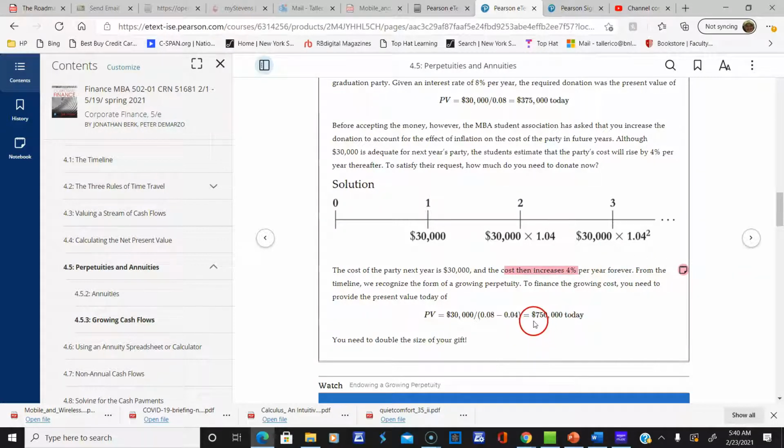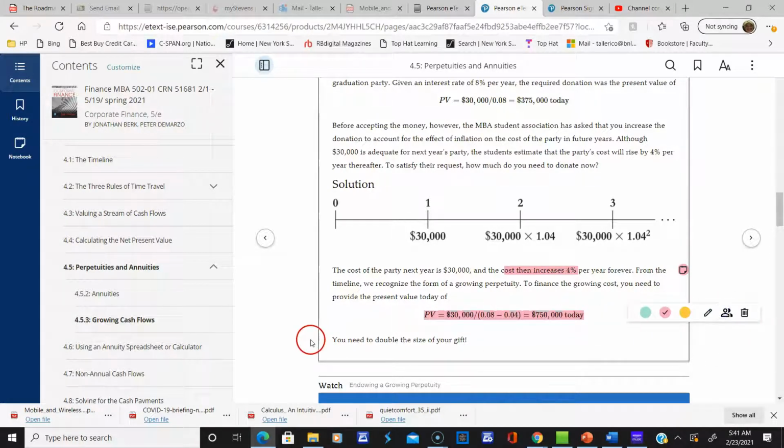So it's $750,000 if you include that growth rate right there. You see that? Because of the growth rate, you've got to double the size of the gift.